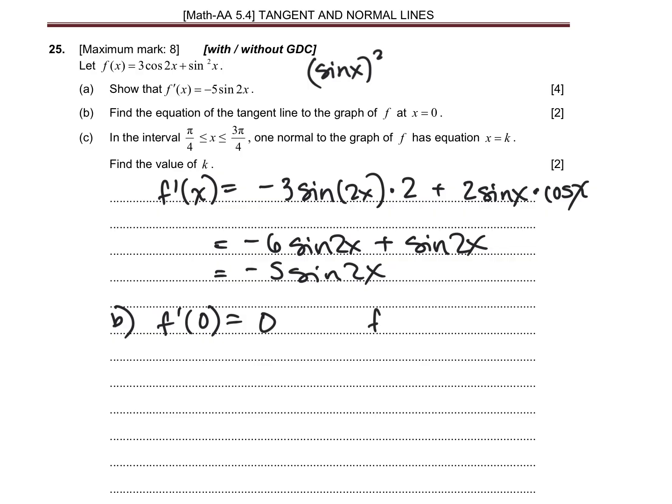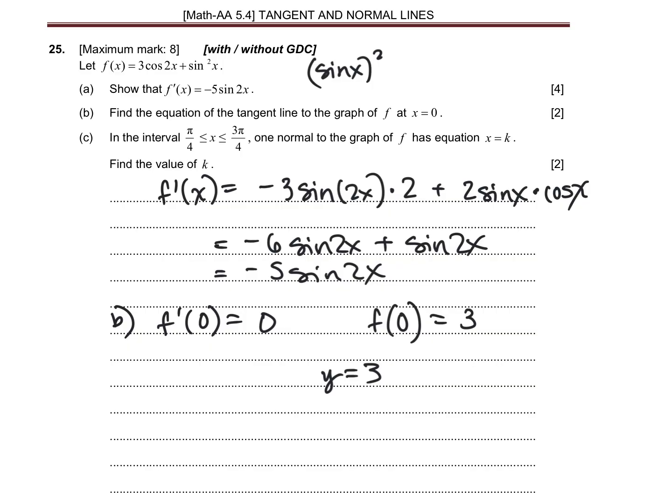So if we find the function at 0, we're going to have 3 times cosine 0, which is 1, so just 3, and then sine 0 is 0. So we are just going to have y equals 3. That is the equation of the tangent. So it's a min or max.